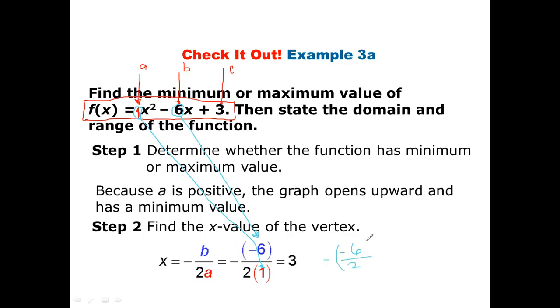And take note, we still have the negative sign outside. Negative 6 over 2 is negative 3. Negative and negative become positive. So we have 3, which is the value of x for the minimum.